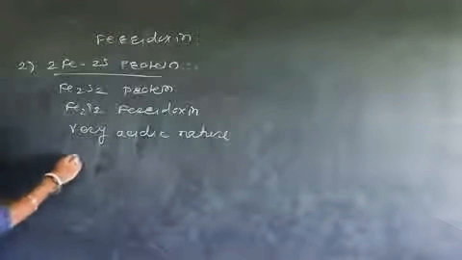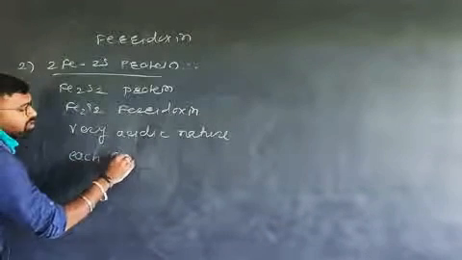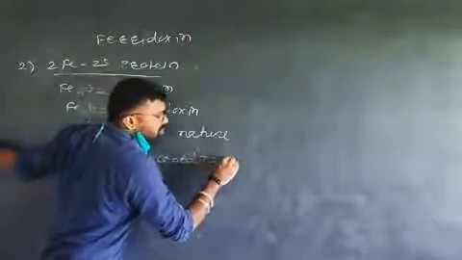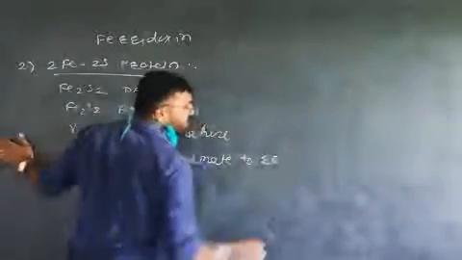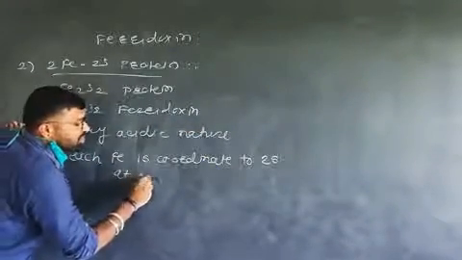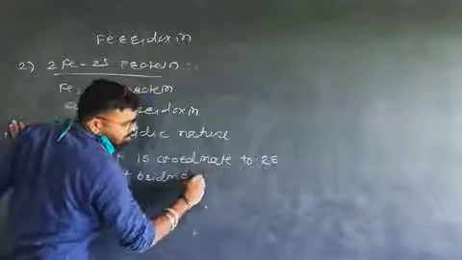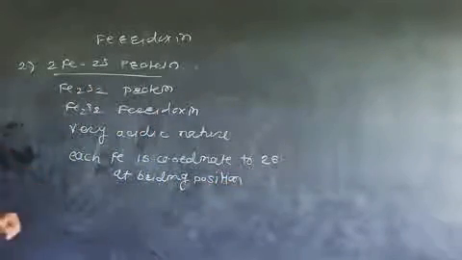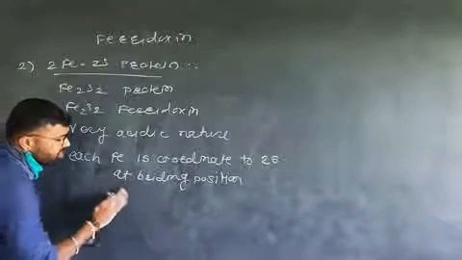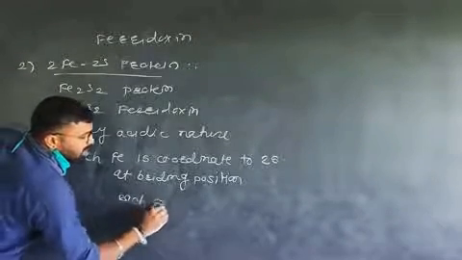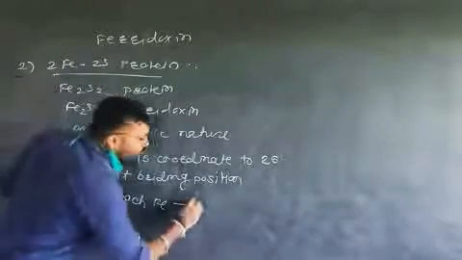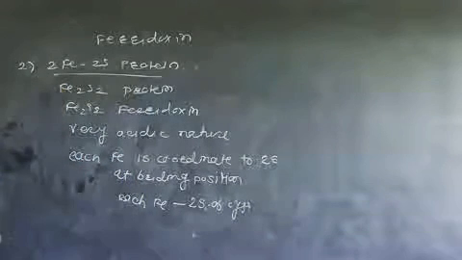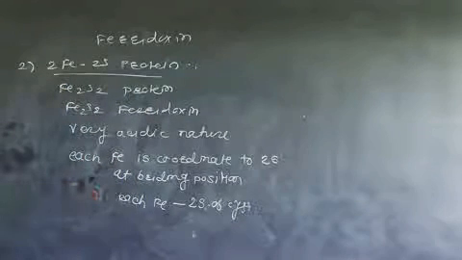Then each Fe is coordinated to 2 sulfur at bridging position, and each Fe is coordinated with the 2 sulfur of cysteine units, right? These are the features of this structure.